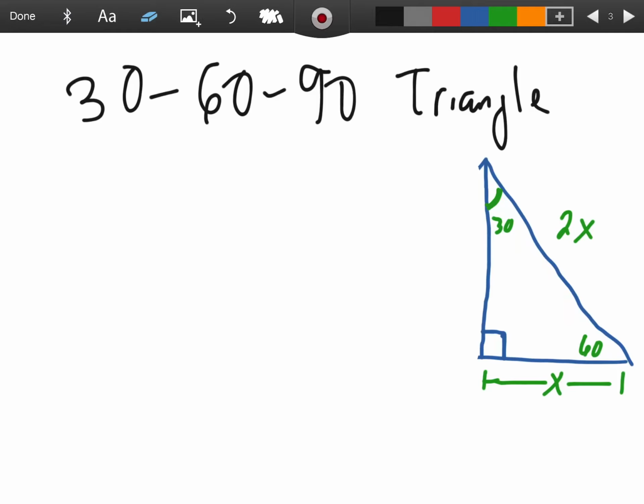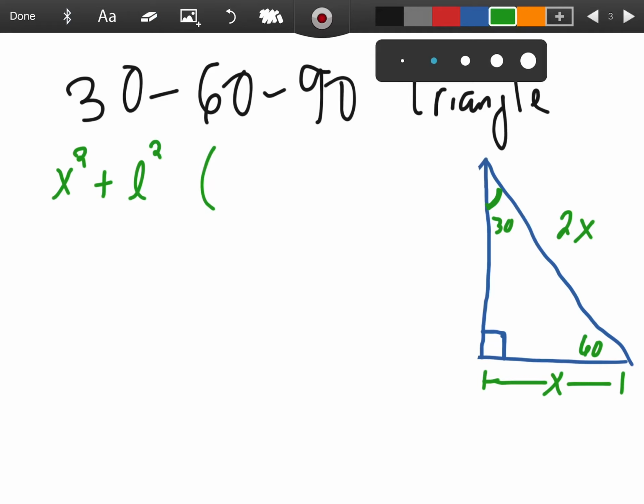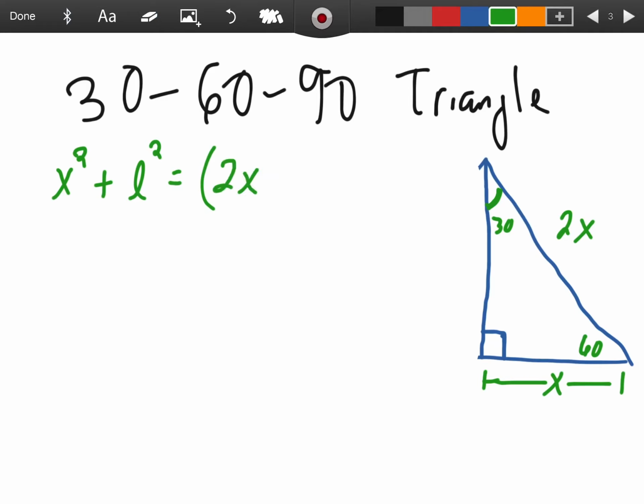Beautiful. Let's solve for what that other leg is. I'll call that leg L, and we want to solve for it. So we have x squared plus L squared equals (2x) squared. And of course, that 2x is in parentheses. We're squaring that whole side.